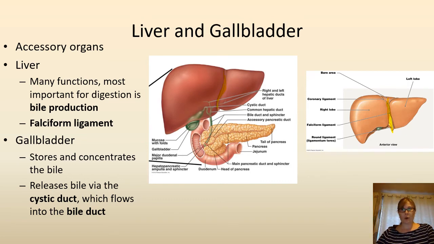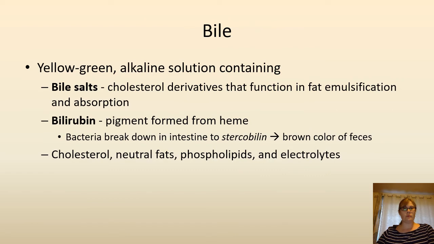Let's talk a little bit more about bile now. So bile is yellow greenish color, and it is alkaline. It feels like acid when you throw up, but it's actually alkaline, and it's made of bile salts, which come from cholesterol. And what these bile salts do is they emulsify fats.